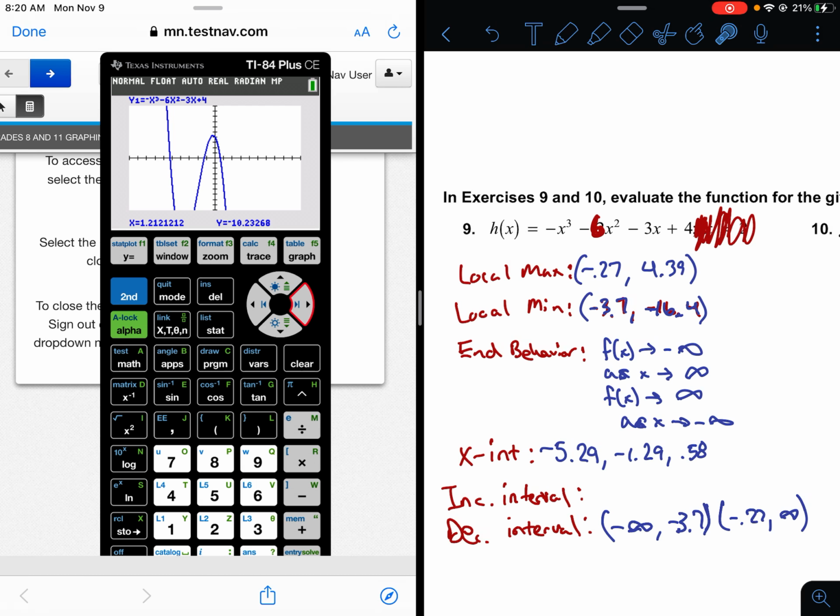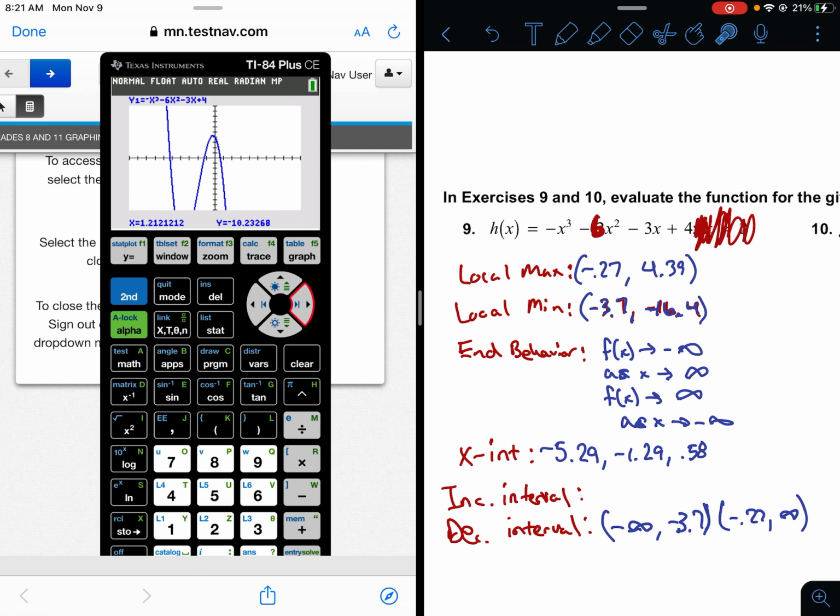And so that's why we write over here that it starts from negative infinity and decreases all the way till the local min. There, it starts to rise. So that's what we're going to put here. Once it's done rising, then it goes back down after that local maximum. So we're going to put it's increasing between the two vertices.